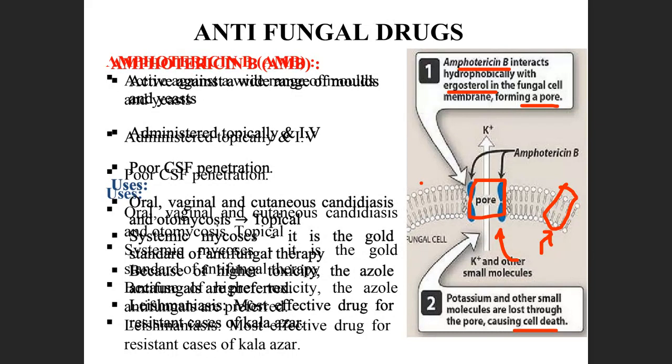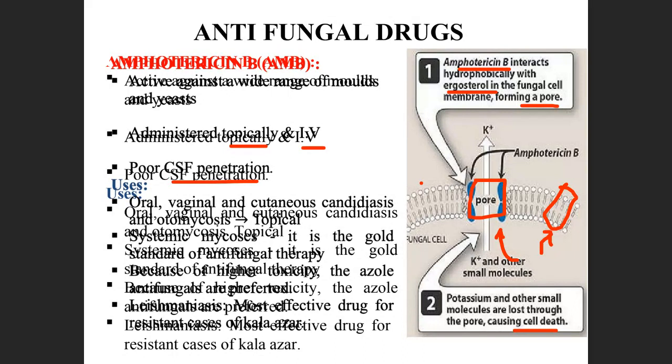Now this Amphotericin B is used against different types of fungal infection. It has poor cerebrospinal fluid penetration. It can be administered topically and by the intravenous route, and it is used against different candidiasis, that is oral, vaginal or cutaneous candidiasis, and different mycoses. Mycoses are also fungal infections, and candidiasis is also a fungal infection. Mycoses might be superficial, subcutaneous or systemic.